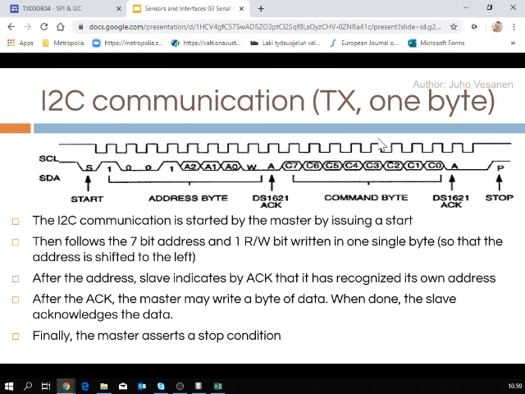This way you can continue writing to the same device, a data burst. Okay. And the data transmission ends when the clock signal is high and you turn the data from low to high. End of transmission. Okay.